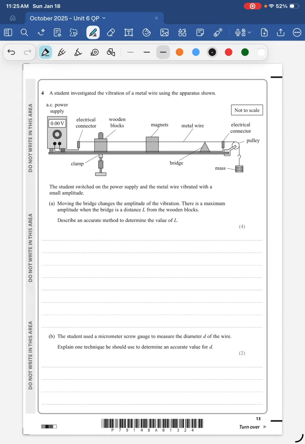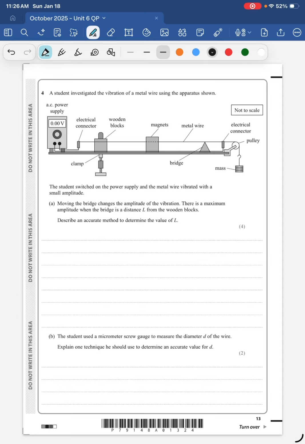Notice how this question, by the way, I want to make this comment before moving on, is mostly related to unit 2, I think. It's in unit 2 where we study standing waves. So this is AS level physics. It's what I say over and over again, that you have to be familiar with all the physics you have done in both the AS level and the A level when you take the international A-level tests.